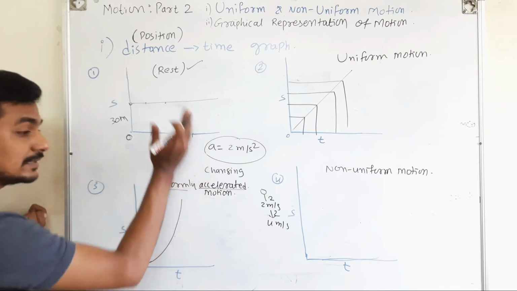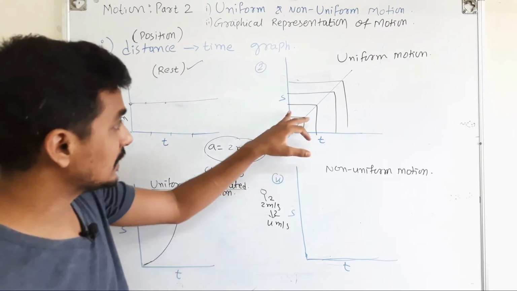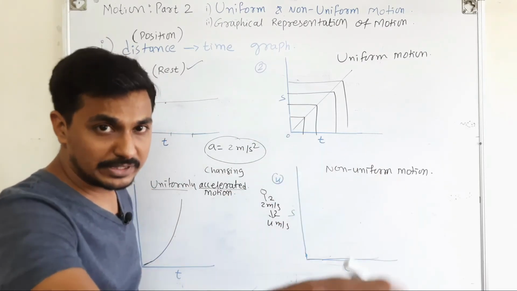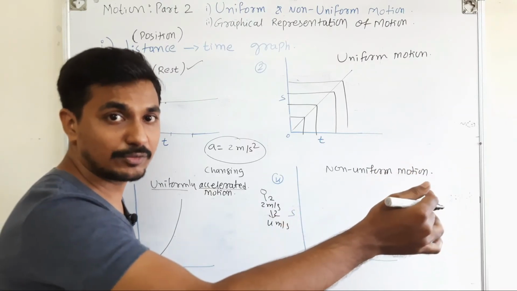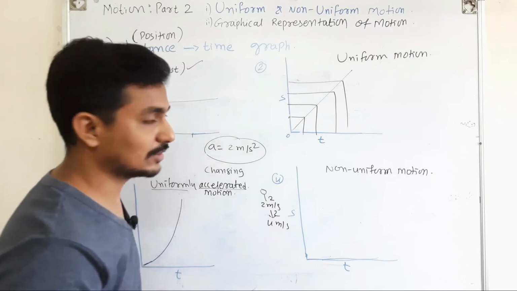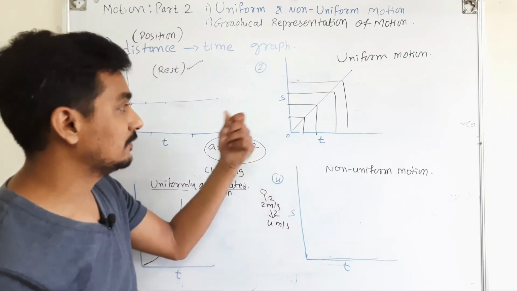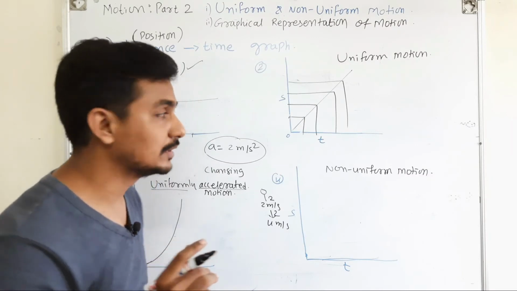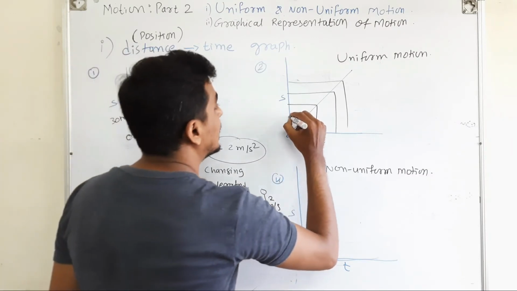Your speed is increasing. Suppose in this case also, you are observing a vehicle which is at some distance far away from you. Suppose at this distance it is observed, and after some time it starts moving with a constant speed. In that case, you will get a graph like this.